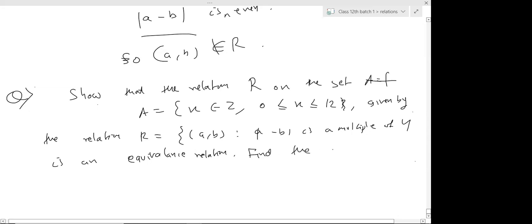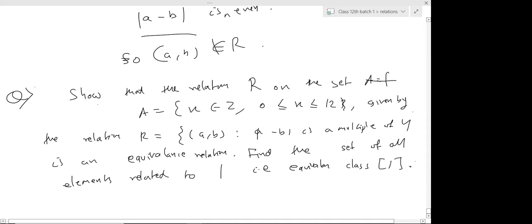Find the set of all elements related to 1, that is, the equivalence class of 1.